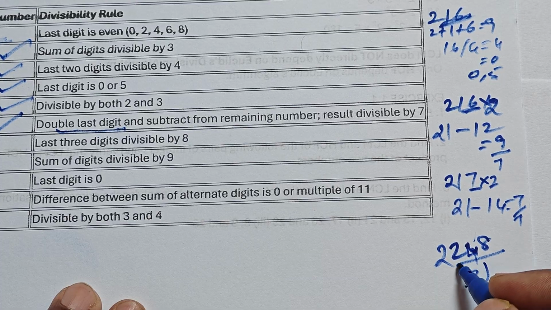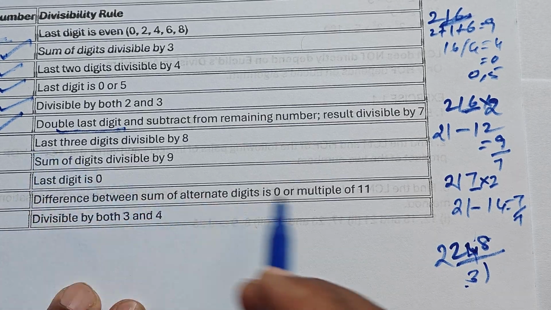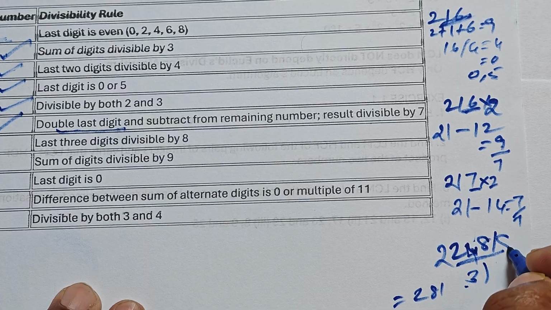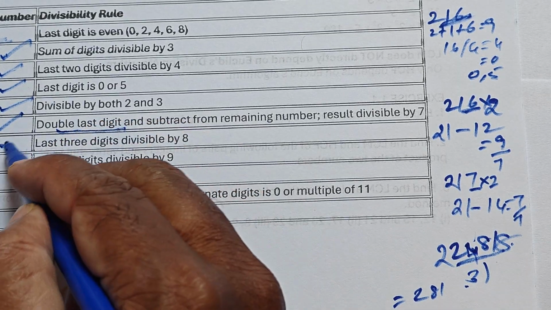So that means the last 3 digits are divisible by 8, so the number 2248 is definitely divisible by 8. If we want to know the result, the division by 8 gives us the value 281. So this is how you can verify the divisibility rules.